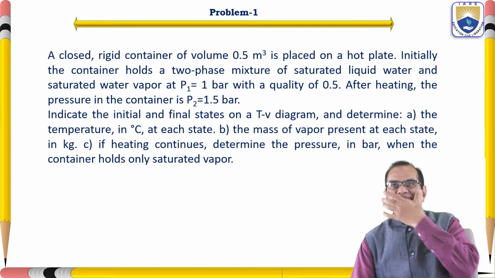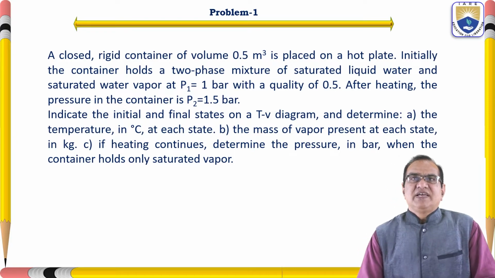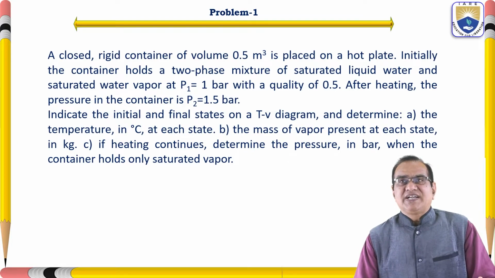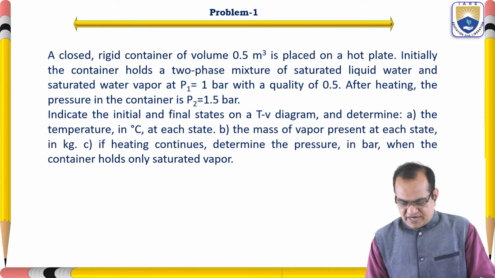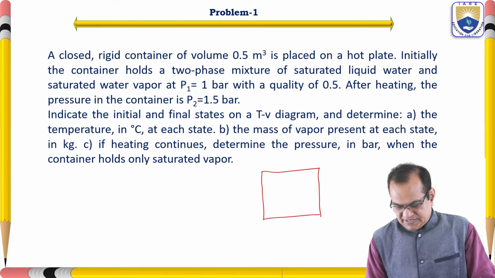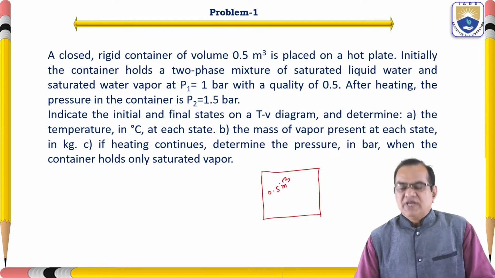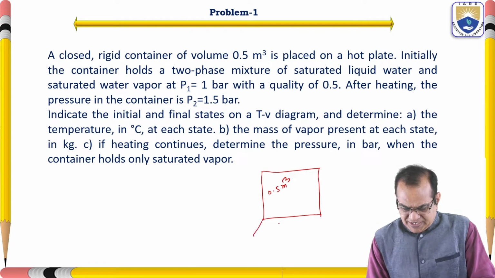So these are the conditions given here: a closed rigid container of volume 0.5 meter cube. So a container which is closed like this has 0.5 meter cube of volume, and this is placed on a hot plate.